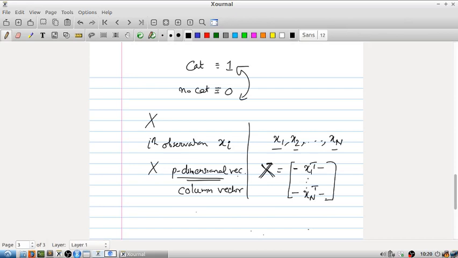I'm just flipping the vectors x1 to xn, making them row vectors and stacking them one after the other. So I get an n times p matrix. That's one part of my data. For supervised learning, you need both the features and the labels that you've observed. So this is the set of observed features.